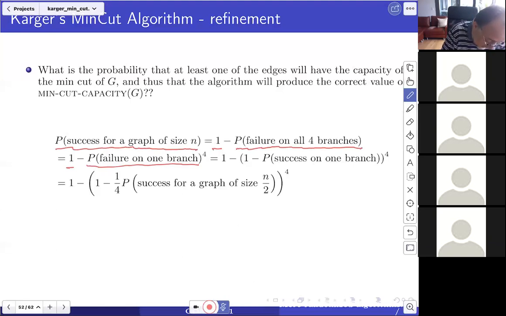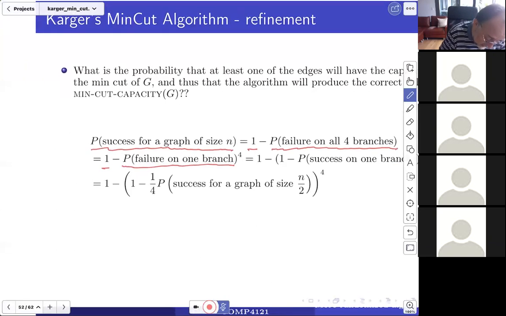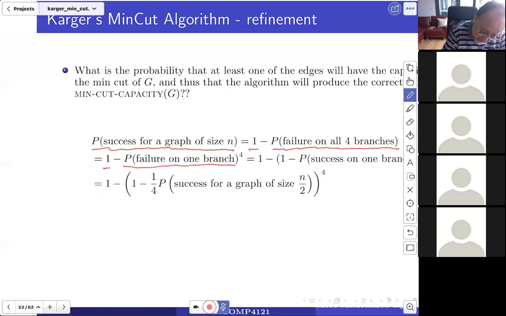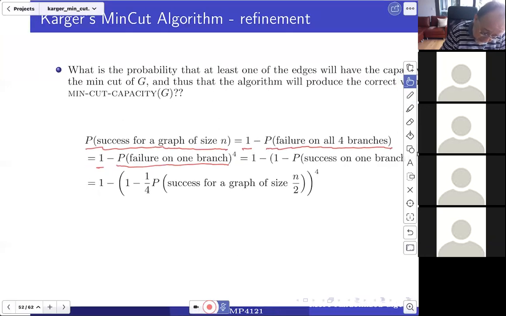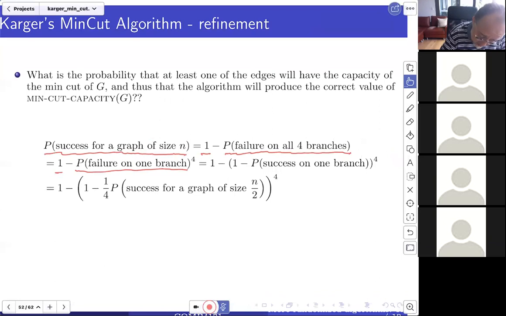But now we replace probability of failure again with the probability of success, right? So this is 1 minus, and then this inside is 1 minus probability of success on 1 branch to the 4th power. Now when do you succeed on 1 branch?